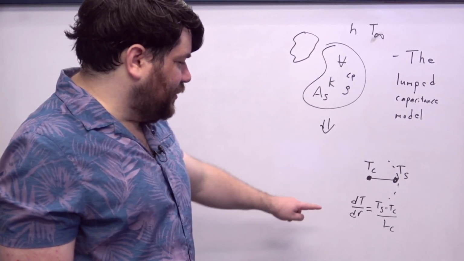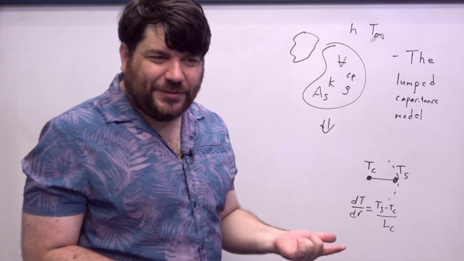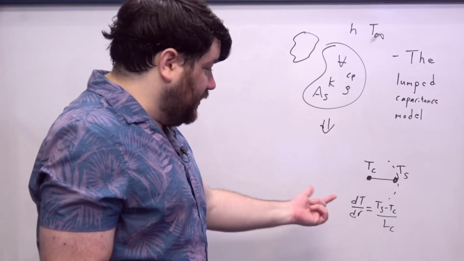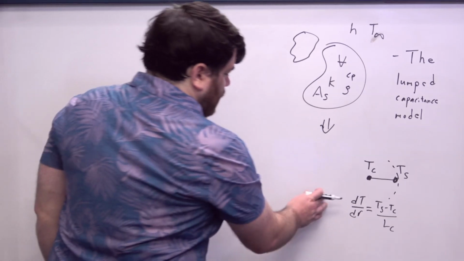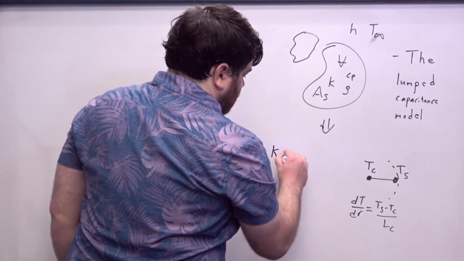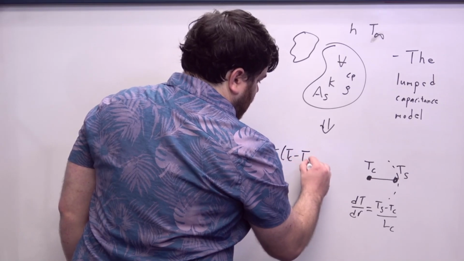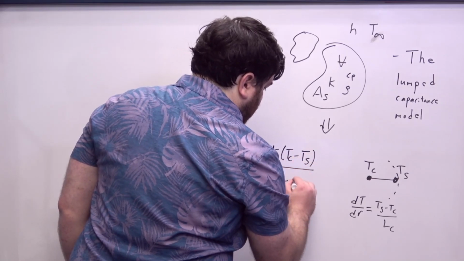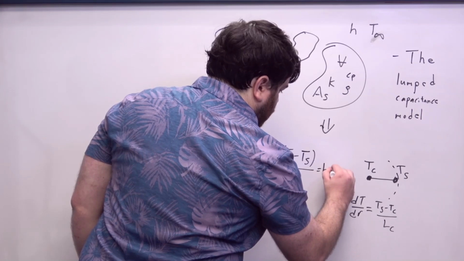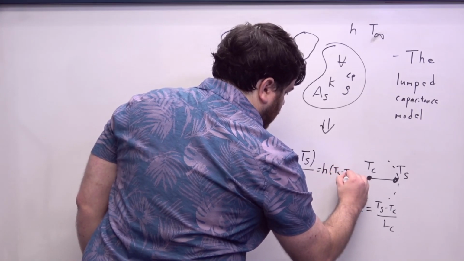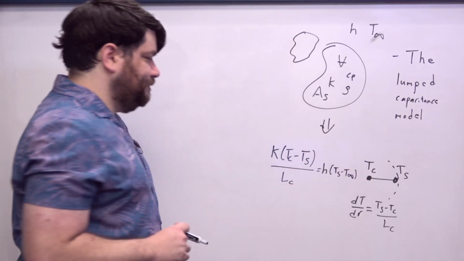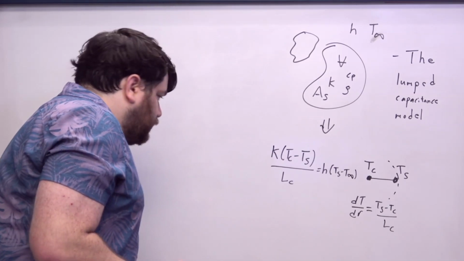When I actually write down the expression for dT/dr, there's a minus that shows up in the conductive expression, which I'm going to flip. And I'm just going to get that k (Tc minus Ts) divided by Lc is equal to h (Ts minus T infinity). This is the expression that I'm left with.